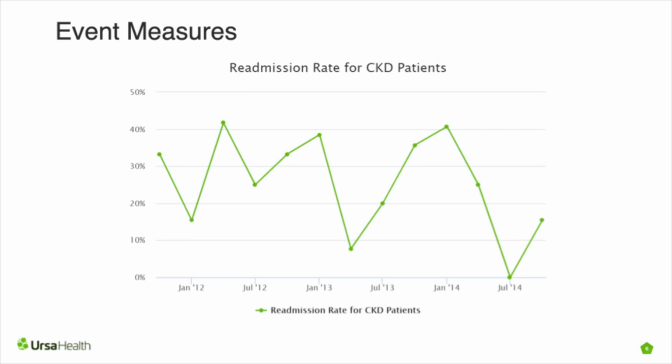The event temporal structure is used when a measure's denominator observations represent a single moment in time. For example, this measure considers CKD patient readmissions. For each patient, the admission can be tied to a single date and a single moment in time.